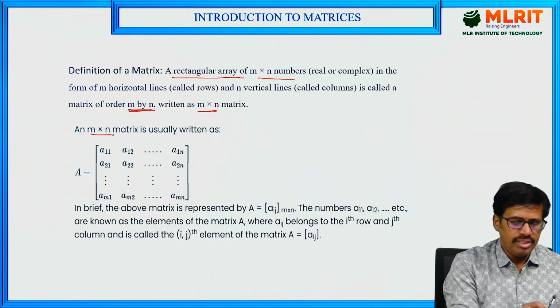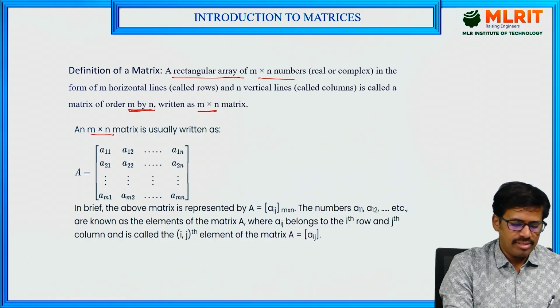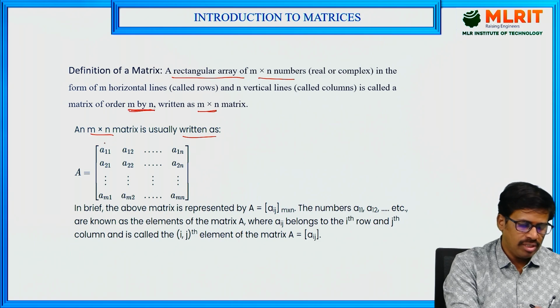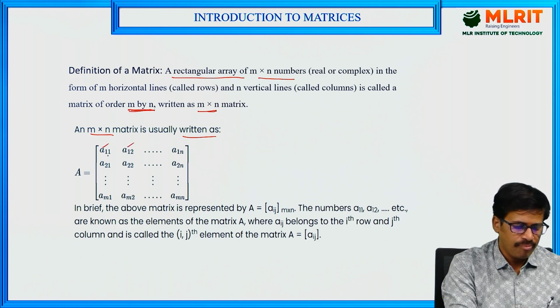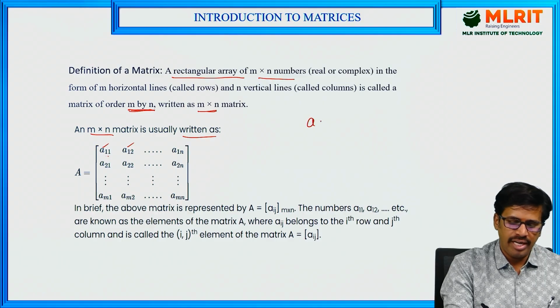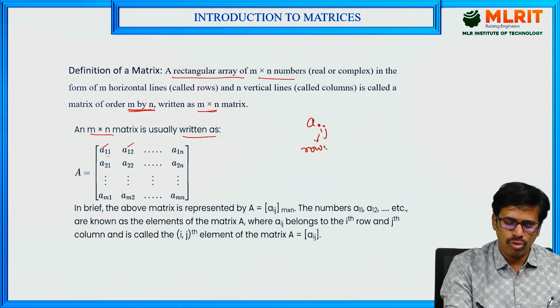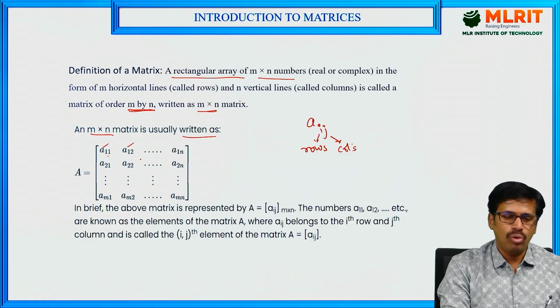In general, an m by n matrix is usually written as A equal to a11, a12 and so on, a1n. This represents the position of elements in the matrix. a11 means this is the position of first row, first column. In general, we write it as aij, where i represents the row number and j represents the position of columns. So a11, a12 and so on, a1n.